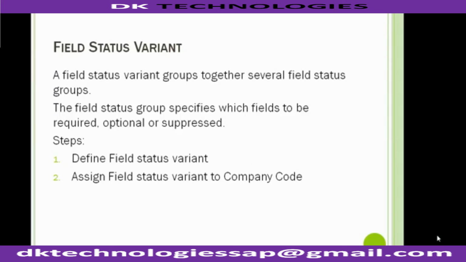So all these different natures of business transactions require different fields to be mandatory, required, or optional. For example, if you are purchasing material, you must be looking forward to filling in the quantity. How much quantity are you purchasing?